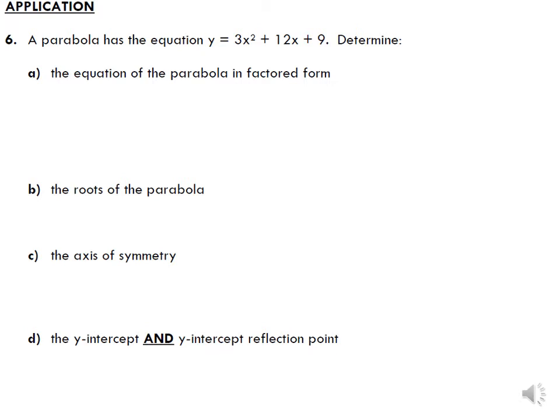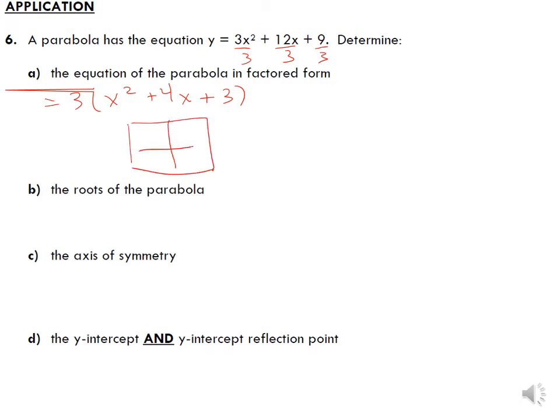Always check for our greatest common factor, in this case 3. When you do that, that leaves you with x squared plus 4x plus 3. You're not done. What you see in brackets, 3 terms, x squared, x, plain number, that means box or window method.